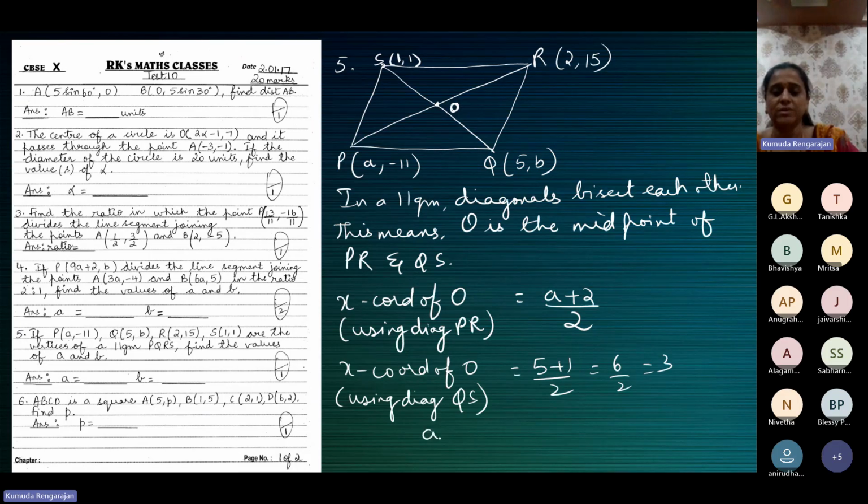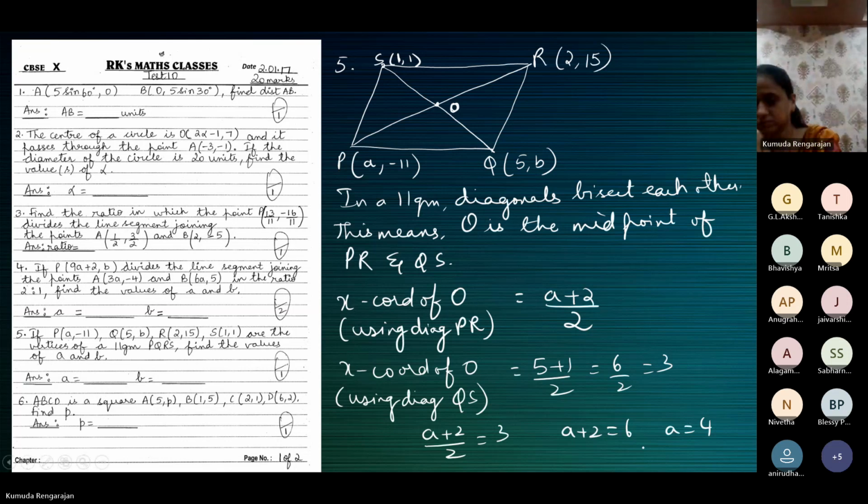So a plus 2 by 2 is equal to 3. Cross multiply. A plus 2 is equal to 6. So the value of A is equal to 4. Take down. Similarly, we'll have to find B.